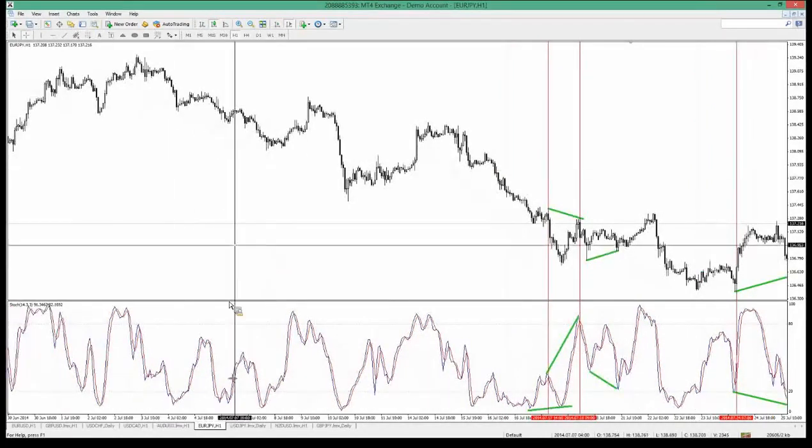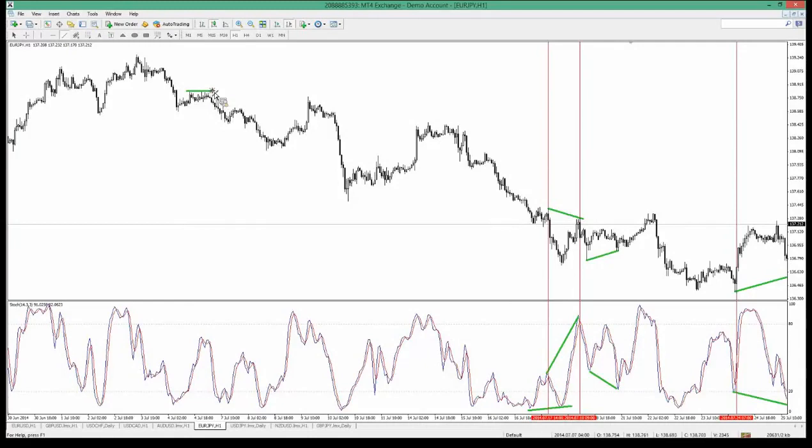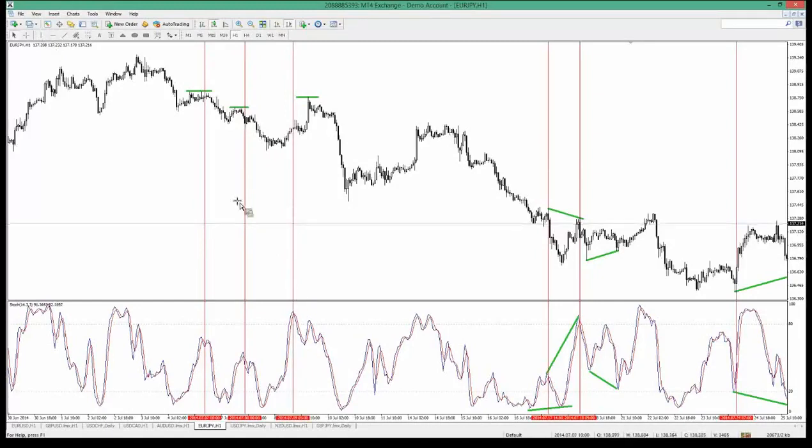If we look at this, we've got two examples here. Just follow along here. Here we've got a high, here we've got a high, and here we've got a high. Now if we look at the corresponding highs to the peaks of price, the first one here basically gets you in trouble.